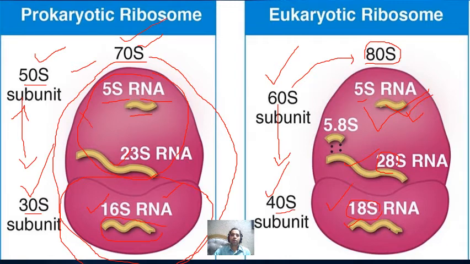If the larger part is present, it will sediment at 50 and the smaller at 30. On the other hand, in the eukaryotic cell, if both subunits are present, joined together by magnesium ion, it will sediment at 80S. The larger subunit will settle down at 60 and the smaller one at 40 Svedberg units.